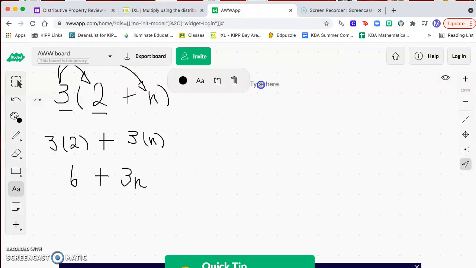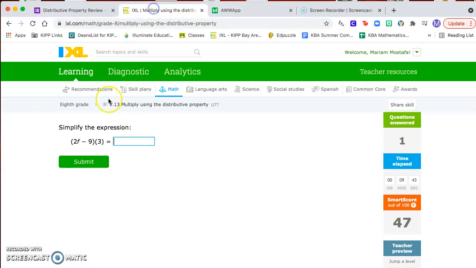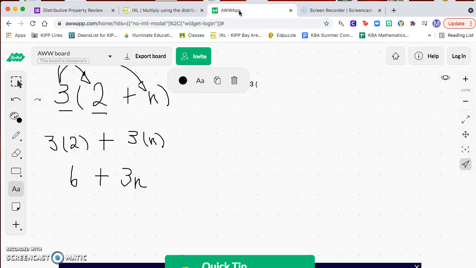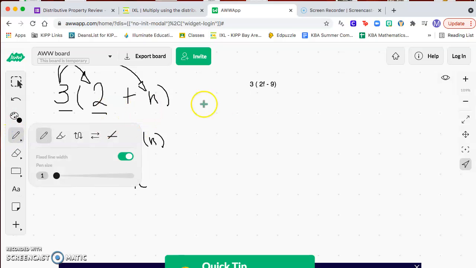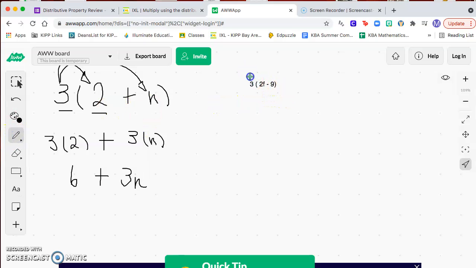So if we have 3 times, and in this situation we have 2f minus 9, the only difference is that instead of a plus, it's just a minus. So I would still multiply.